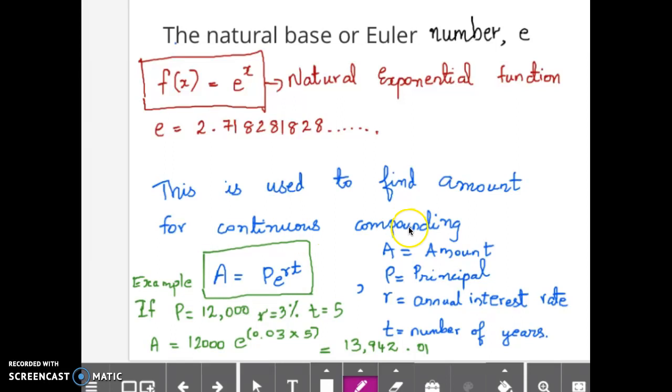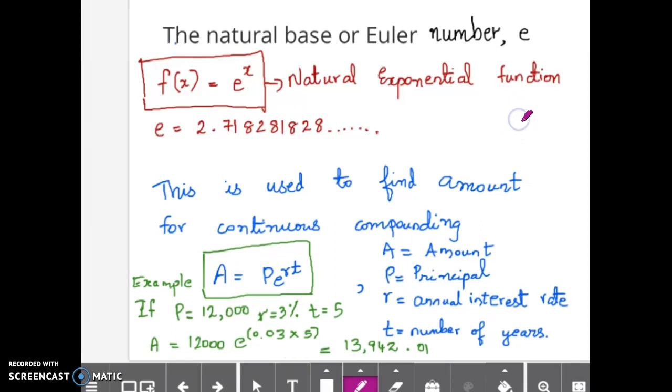How much is the amount? To find the amount, instead of P, plug in 12,000, e to the power of 0.03 times 5.